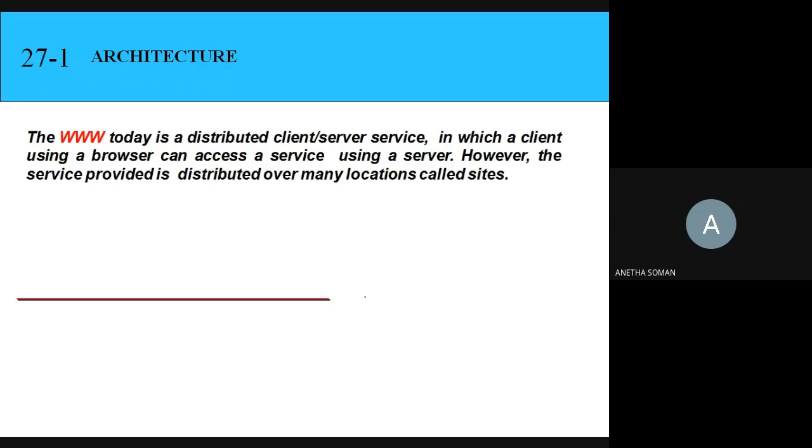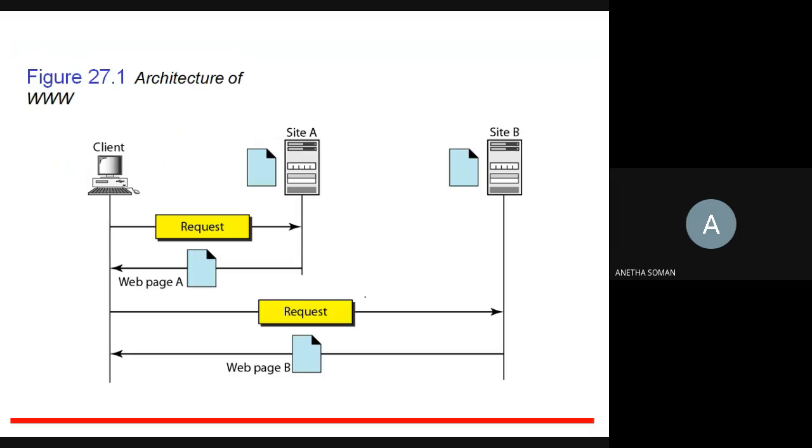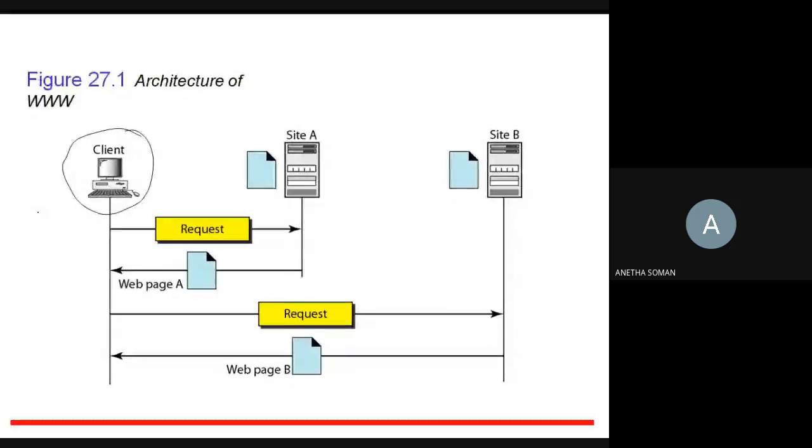Understood? The World Wide Web is a collection of documents and other web resources, and all these are identified using URLs. You can access or search it using browsers. Okay, now this is the architecture of the World Wide Web. Here you have a web client, or you can call it the browser.